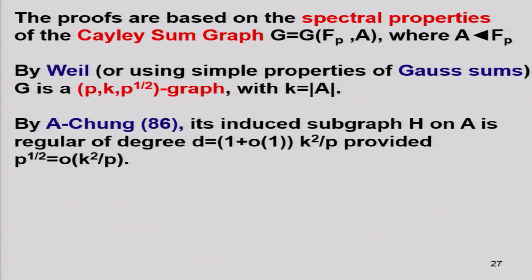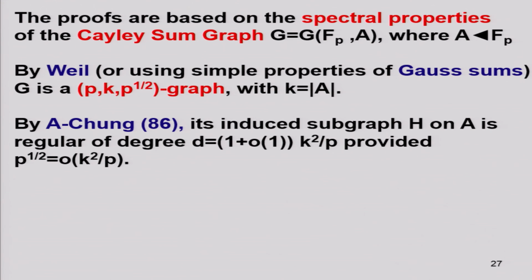Okay, and then by something we proved long ago with Fan Chung, some version of this is sometimes called the expander mixing lemma, we know that for such a graph, the induced subgraph on any not too small set of vertices has the right number of edges, because the graph is quasi-random. And here specifically, we look at the induced subgraph on the multiplicative group A itself.